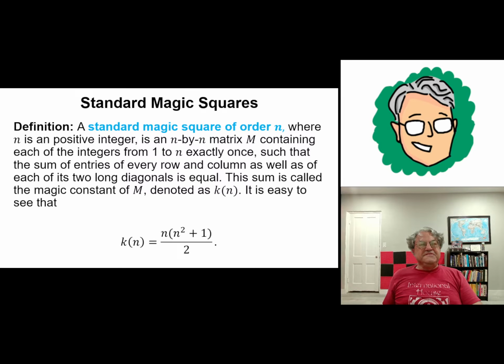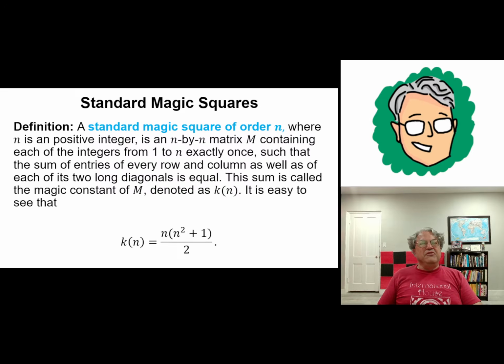It's really just the sum of all the elements of the square divided by n. We know how to sum all the numbers from 1 to n squared. That's n squared times n squared plus 1, over 2, the n squared-th triangular number.